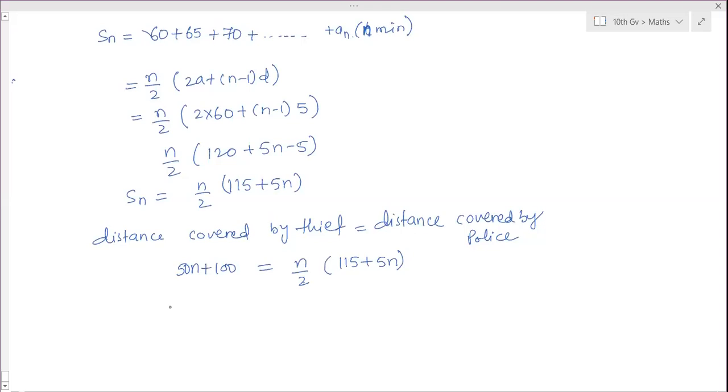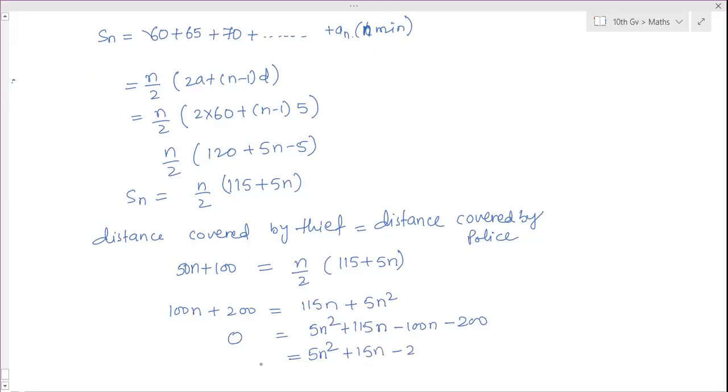The 2 will go to this side: 100n plus 200 is equal to 115n plus 5n square. Take all the terms on this side because n square is positive here: 5n square plus 115n minus 100n minus 200. So this is 5n square plus 15n minus 200 is equal to 0.